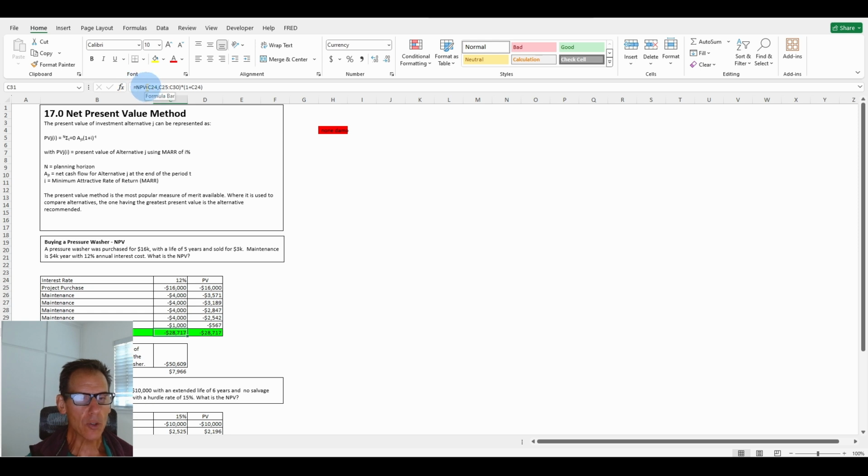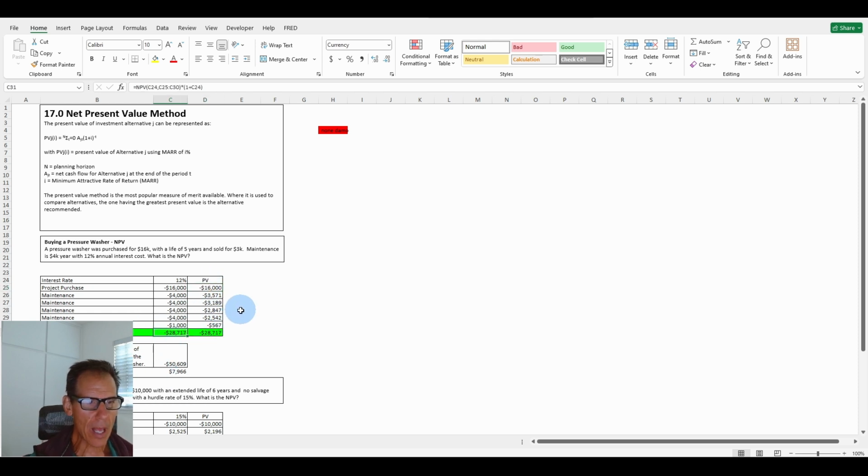So for net present value, our C24 is going to be our interest rate. Our C25 is our initial upfront cost right here. Here are your cash flows, and then times 1 plus C24, again our rate, to come up with this cash flow, and then discount it. So what does this mean?